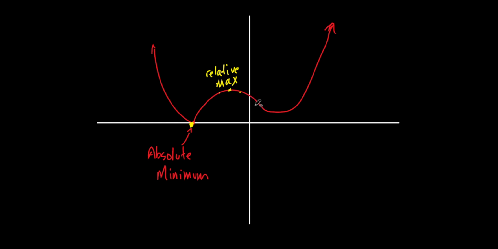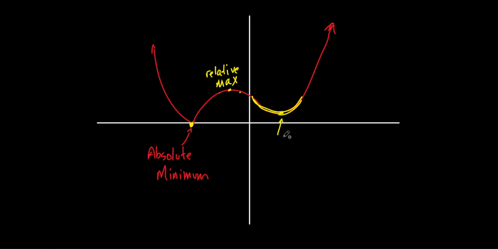Now, do you see something else? I didn't draw it super nice, but this kind of comes down to the bottom of a hill right here. Do you see that? So this right here is also a minimum, but is it the absolute minimum? No, because this is the absolute minimum, since that's below this. But pretend this is like a nice curve like that. This is at the bottom of this little hill right here.